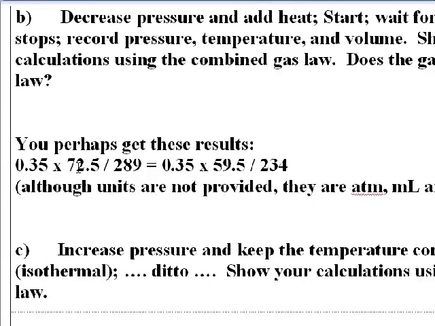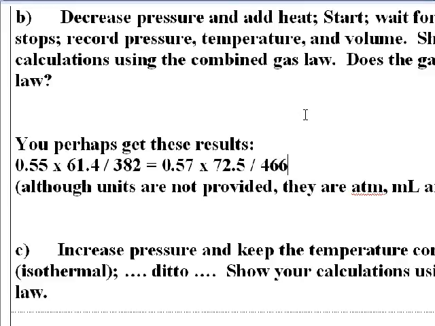The numbers I got were 0.55 atmospheres, 61.4 milliliters, and 382 kelvins. Those were the original data. And then we end up with 0.57 atmospheres, 72.5 milliliters, and 466 kelvins.